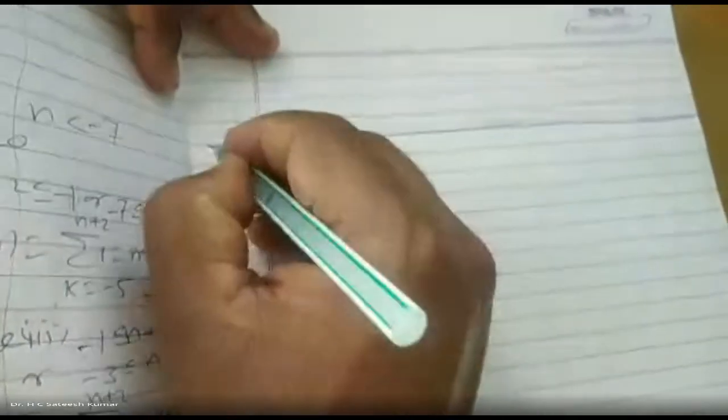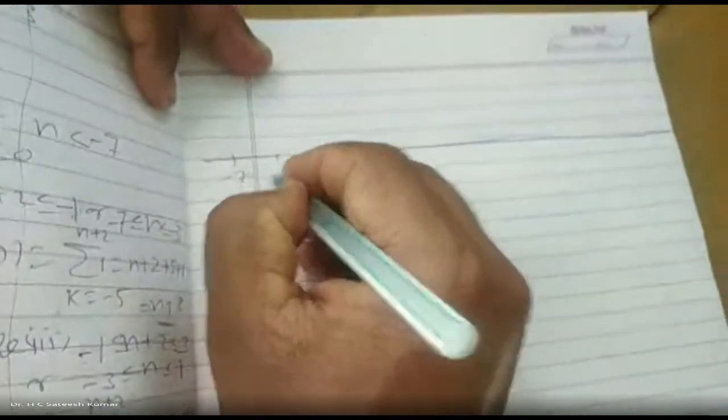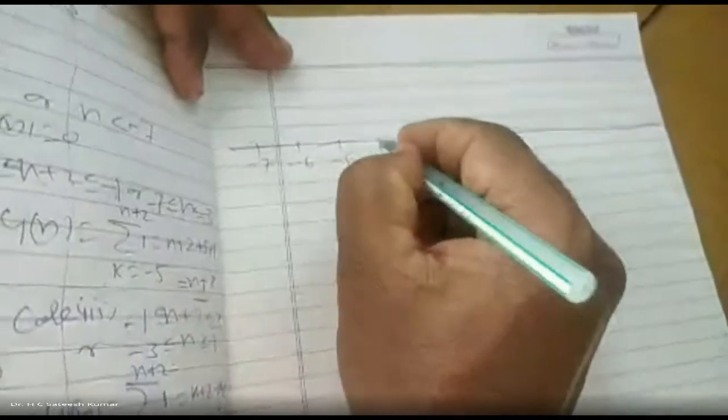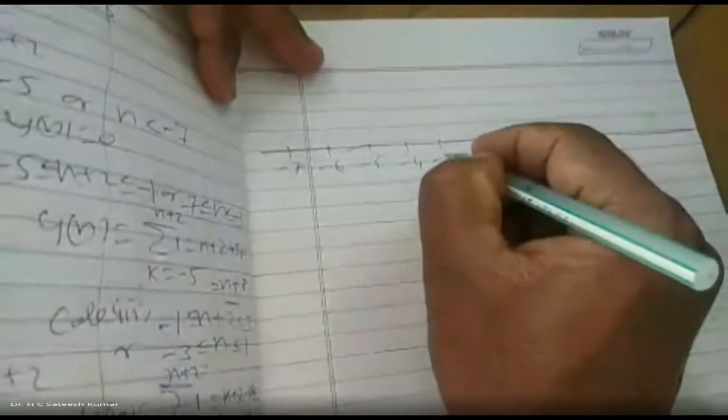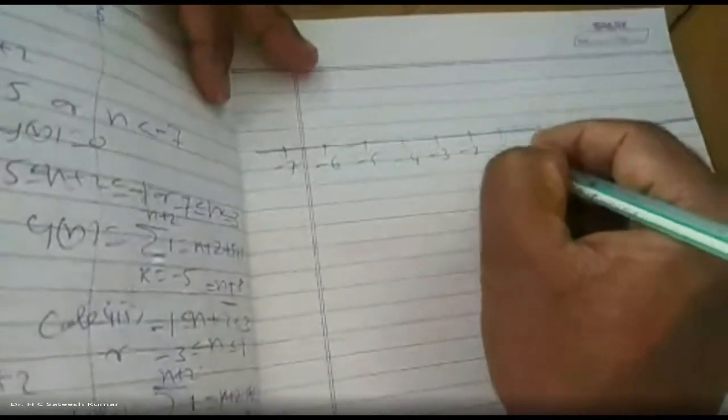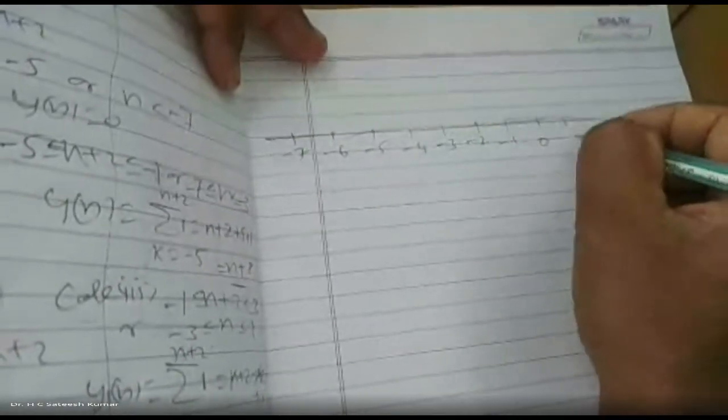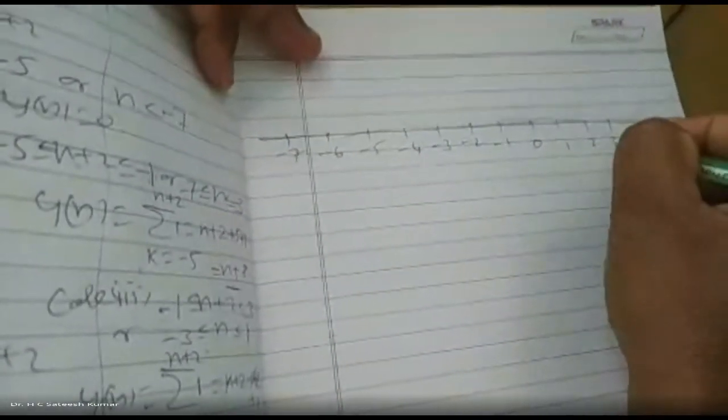Okay, right. Minus 7, minus 6, minus 5, minus 4, minus 3, minus 2, minus 1, 0, 1, 2, 3, 4, 5. That's it.